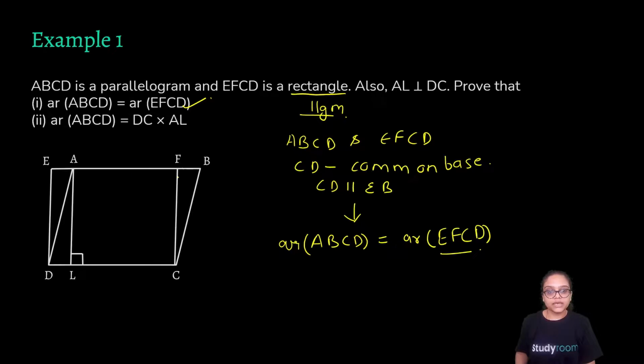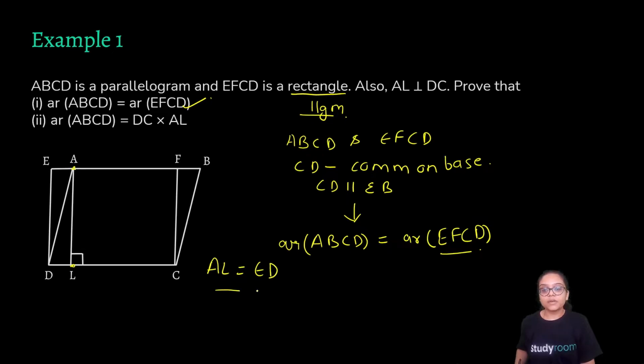We have to prove that area of ABCD is DC into AL. Now tell me, what is the area of EFCD? What is the area of a rectangle? Length into breadth. Correct? So what is the length? ED. But ED and AL will be equal because we have drawn a line between the same parallels. So we know that AL is equal to ED.